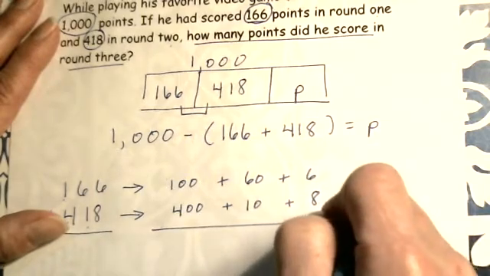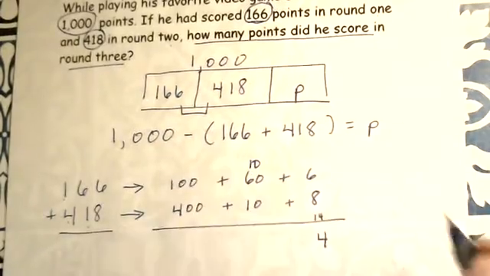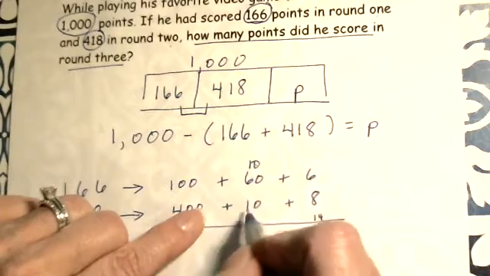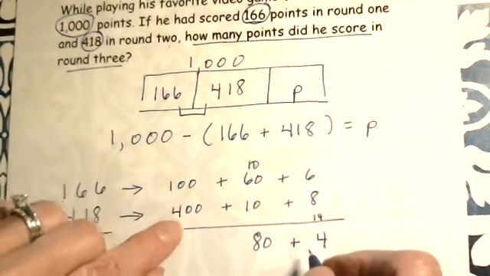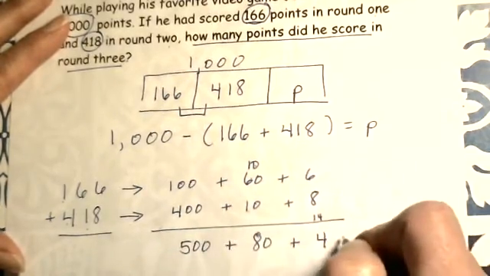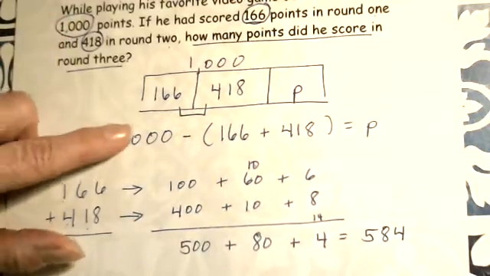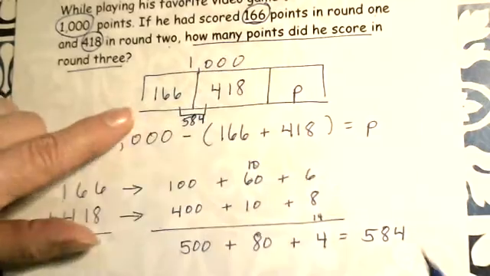If I have a 14, that means the 4 is in the ones place, and I put the 10 up here. 60, 70, 80. 100, 400 is 500. And we have 584.